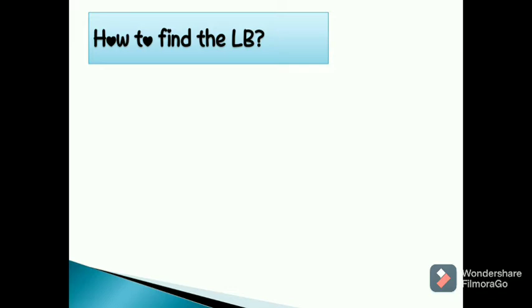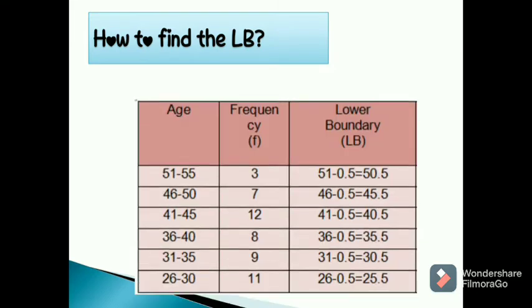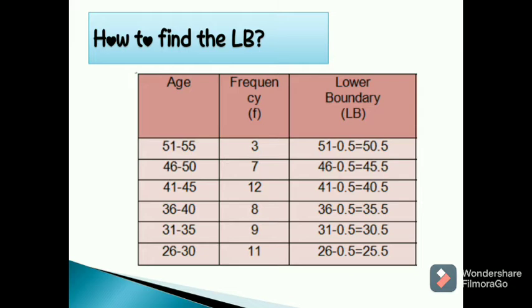how to find LB? It's simply that we subtract 0.5 from the lower limit. So in the first class, 26 to 30, our LB here is 25.5 since we subtracted 0.5 from the lower limit. So per class, we are going to subtract 0.5 from the lower limit. The lower limits of the classes are seen here at the left side.